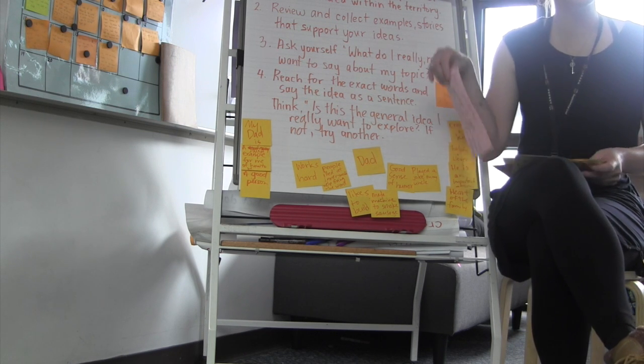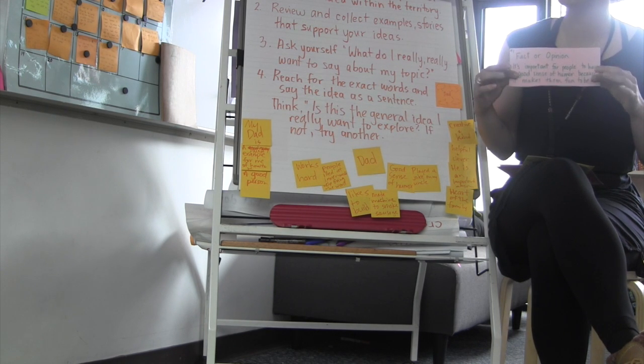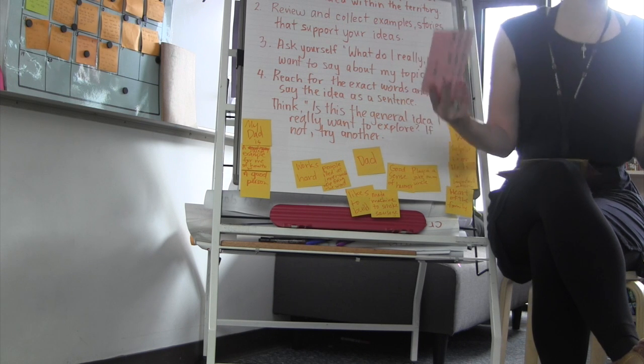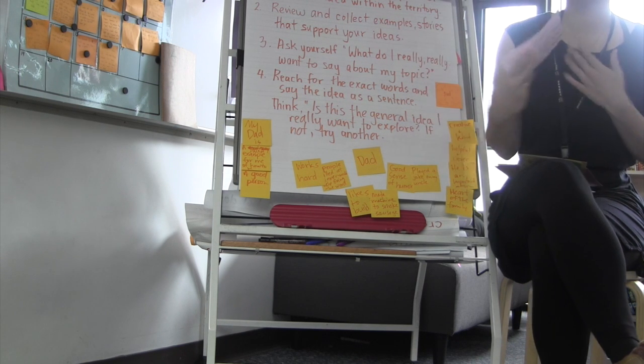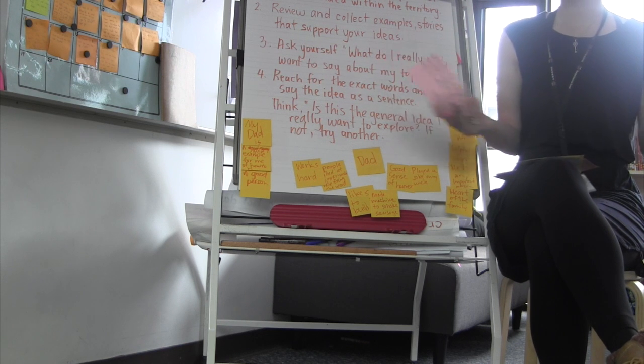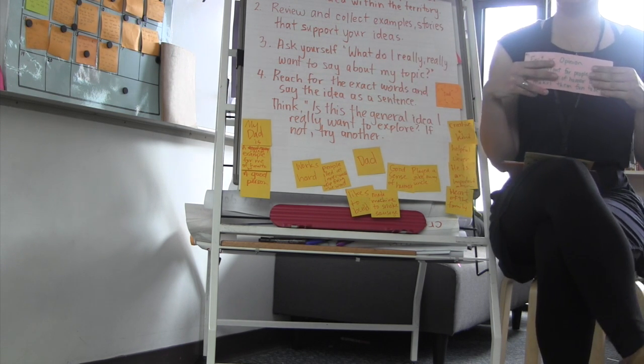Next thing you're going to do is look at this fact or opinion piece of paper. Why does it matter that there are lots of flavors? What's important about that? What's my opinion about ice cream having lots of flavors? Why does that big idea matter? That's what you're going to be writing here.